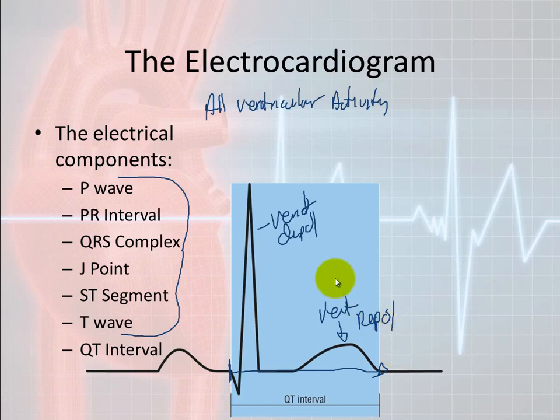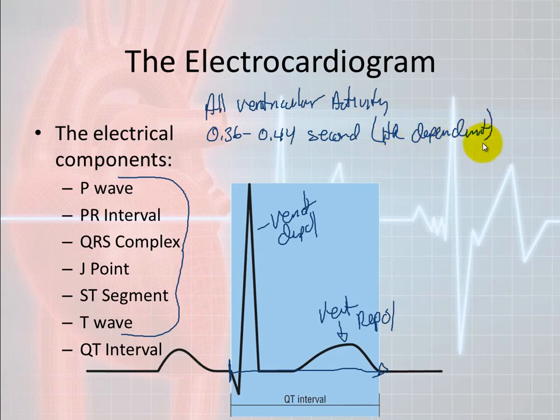Now the duration of the QT interval usually ranges from about 0.36 to 0.44 second. And that's the normal range. Once again, just like the ST segment, this QT interval is very heart rate dependent.